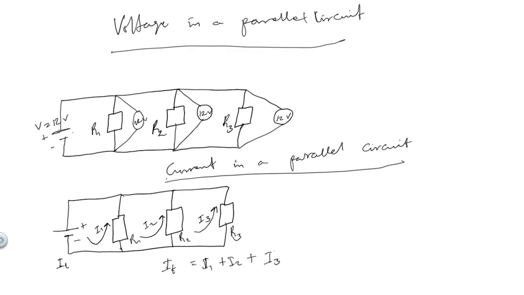Okay, let's now talk about current flow with equal values of resistors in a parallel circuit. When current flows through a circuit in parallel and the values of the resistors are equal, what happens? Let's now look into that.